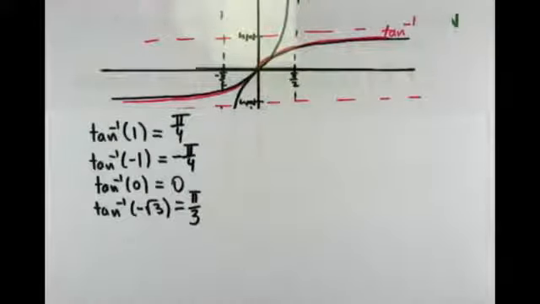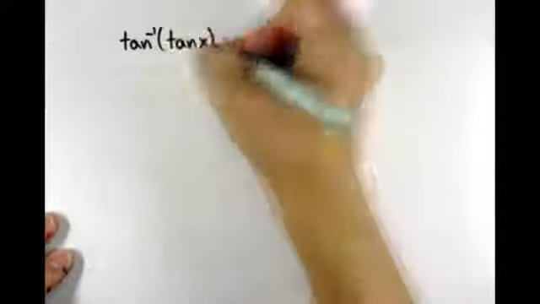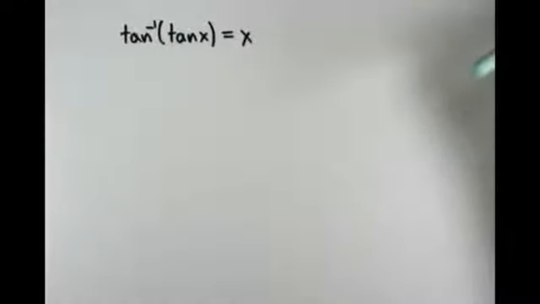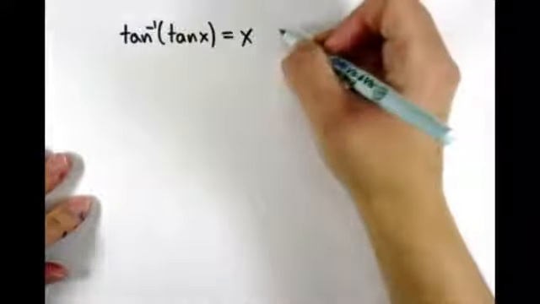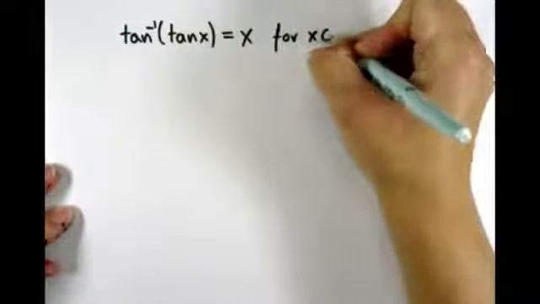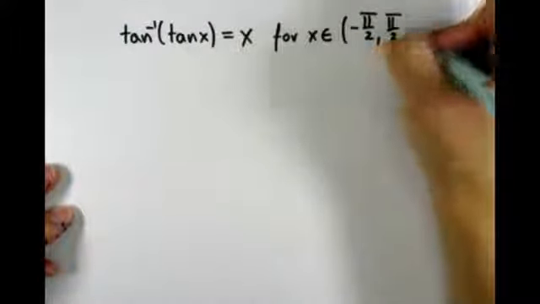And similarly, we have the cancellation formulae. Tangent inverse of tangent x is equal to x for the domain of the function inside, and tangent is restricted to x in the interval minus pi over 2 to pi over 2.